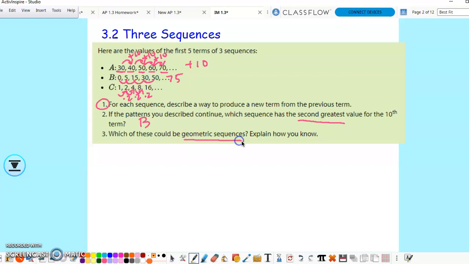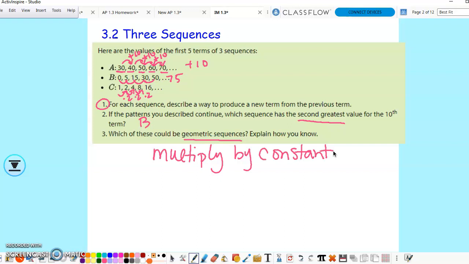Now, let's remember what could be geometric sequences. What is our definition for a geometric sequence? Geometric sequence, we know we multiply by a constant, which is called a common ratio or a growth factor.